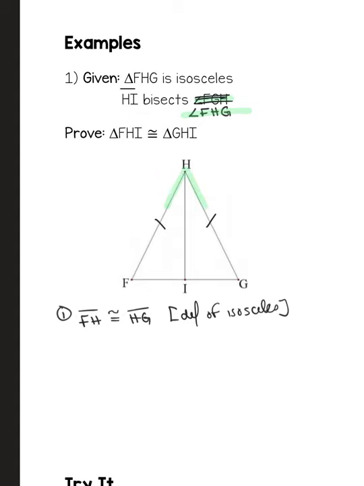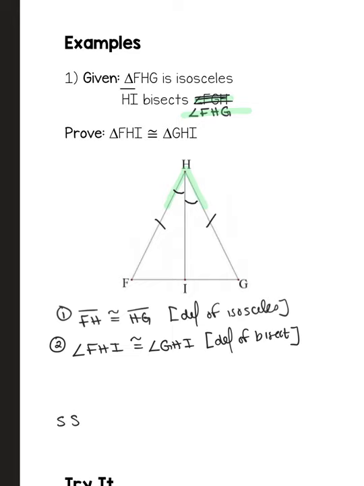If that angle is being bisected, it's being cut into two equal pieces. So those two equal pieces are angle FHI, which would be congruent to angle GHI. And we knew that was true because we had a bisector. So we have one pair of congruent angles and one pair of congruent sides.